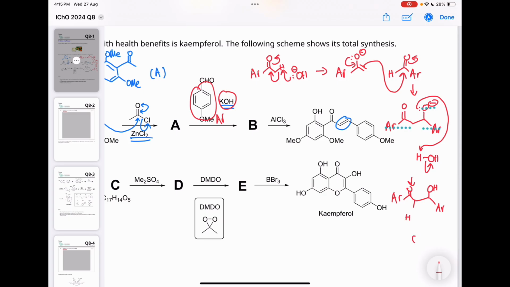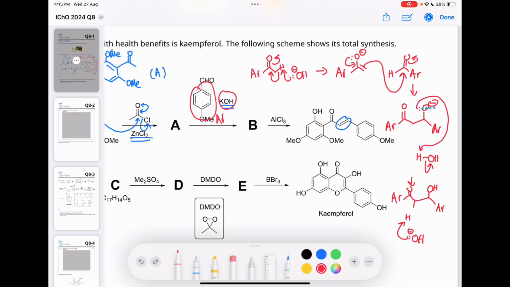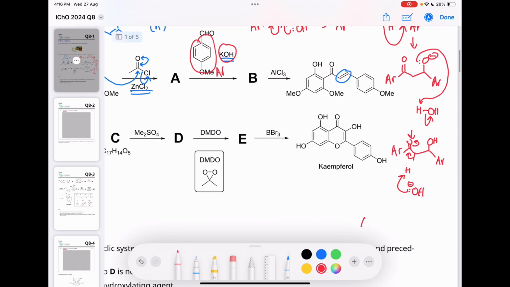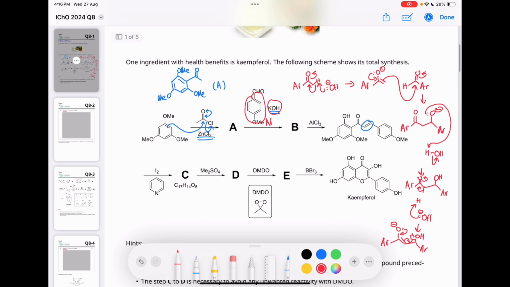Now, if another OH minus comes in and grabs this acidic proton, you can have this. So you form an enolate again. However, here when the lone pair comes down, you can kick out this hydroxyl group, and that will give you your compound B.